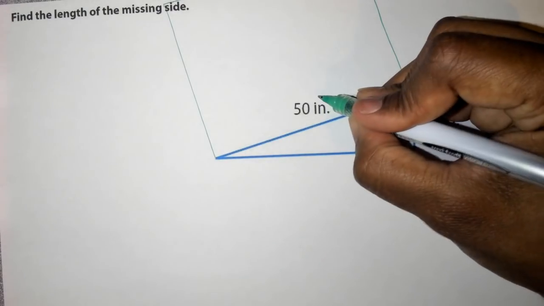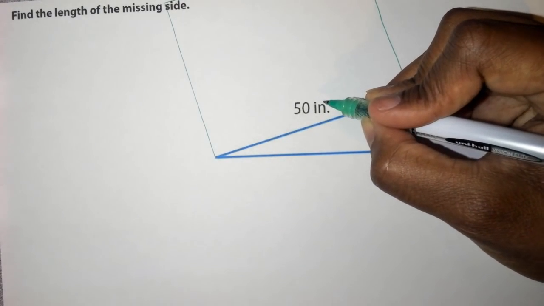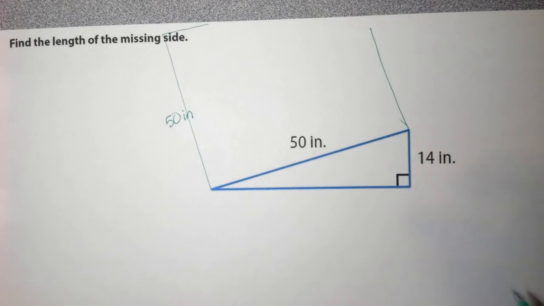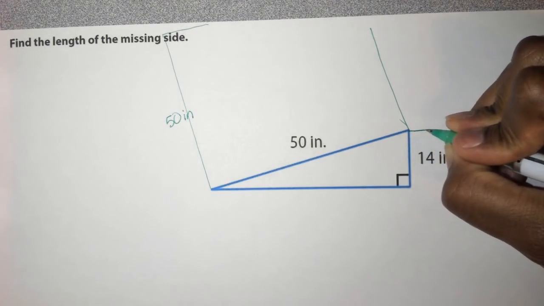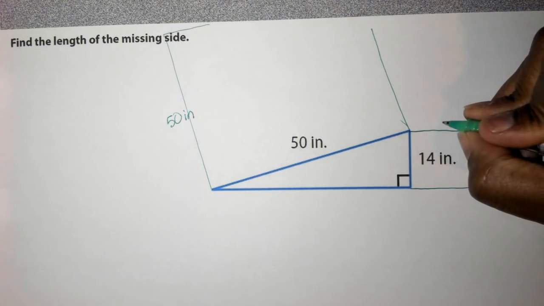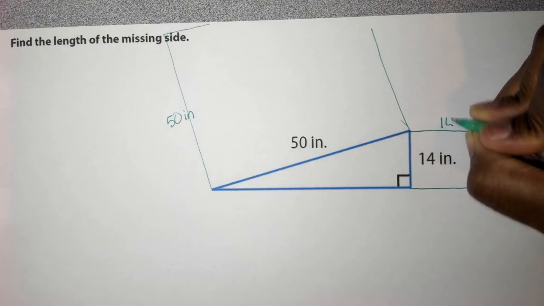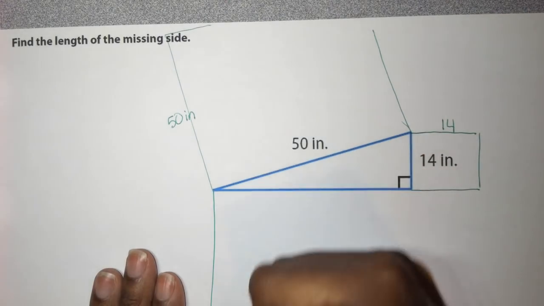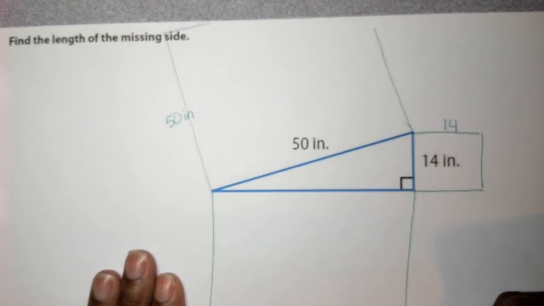So this was 50 inches here, and I'm going to make this a 50 by 50 inch square. This is 14 inches here, so I'm going to make this a 14 by 14 inch square. And this one is the side I don't know, but we're going to find out what that missing side is.